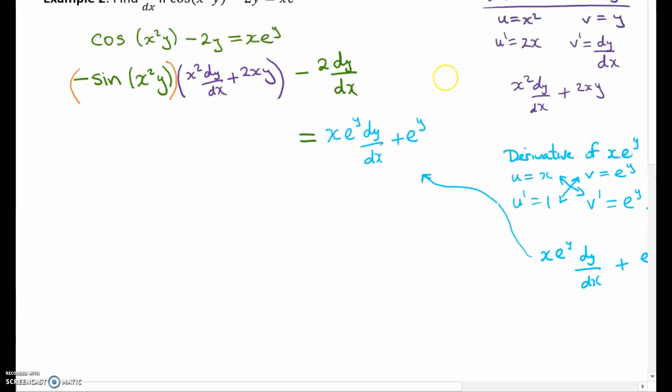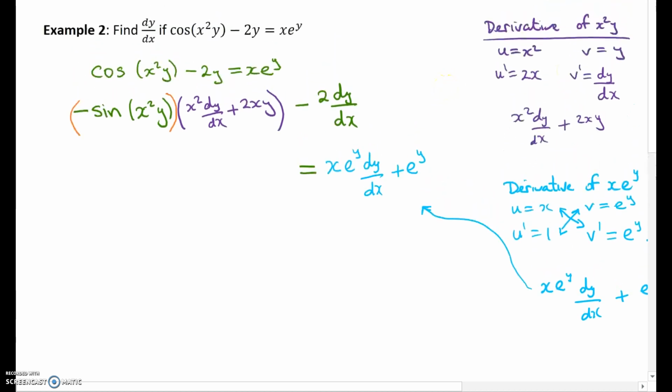Now you can see already that this is a little bit complicated. So what we're going to have to do here, we're going to have to distribute. So distribution, we're going to multiply everything in this parentheses by negative sine of x squared y. So let's go forward from here.